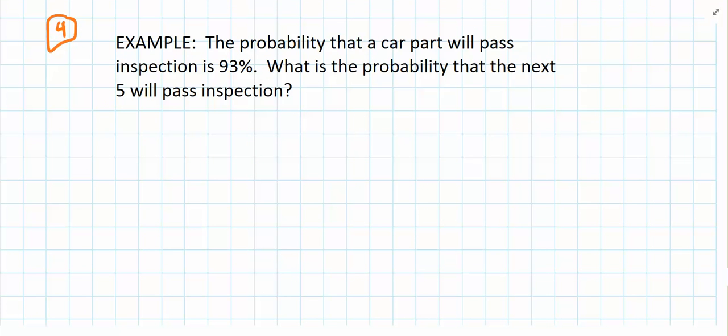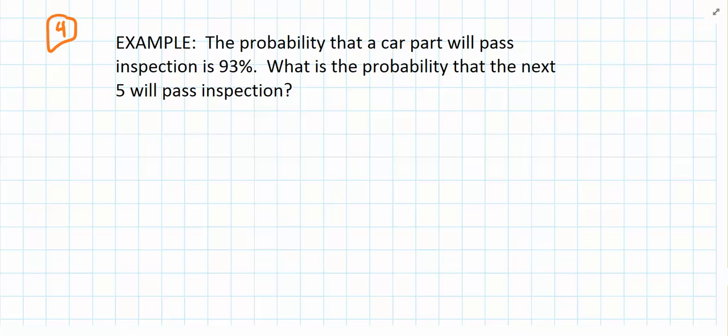It says the probability that a car part will pass inspection is 93%. I'm interested in finding out the probability that the next 5 car parts I inspect actually all pass together. One person says 70%.